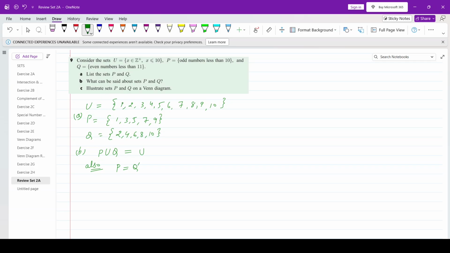All the elements of the universal set that are present in Q are not present in P. Therefore, we can say P is equal to Q complement, or P complement is equal to Q.